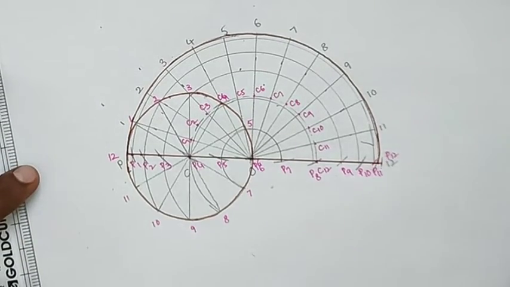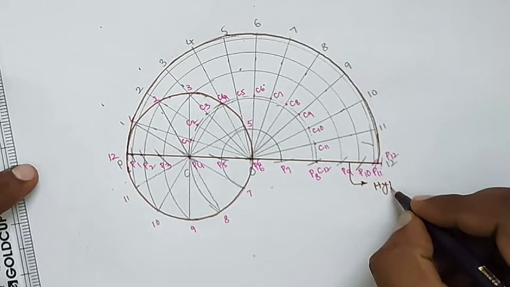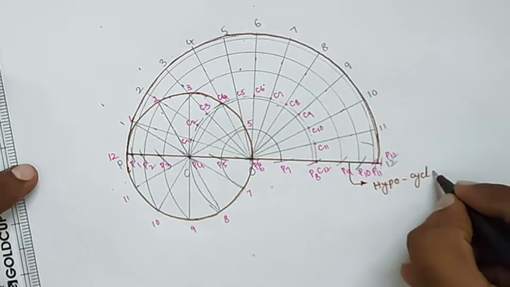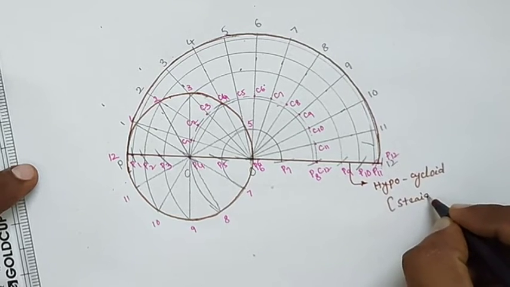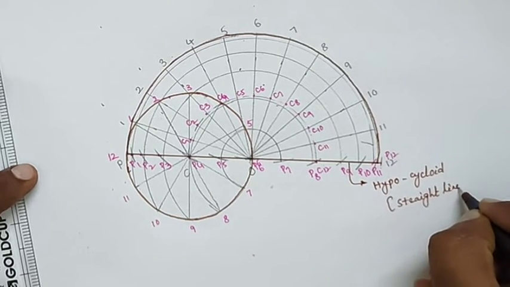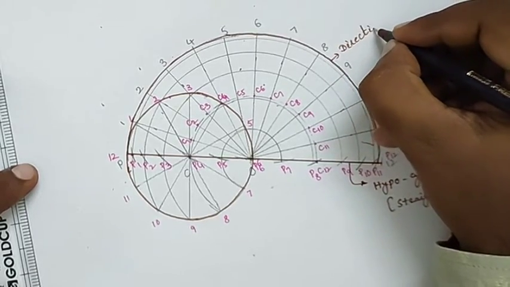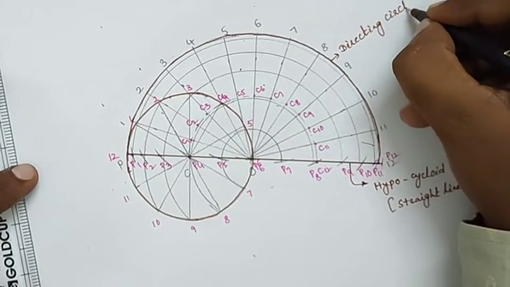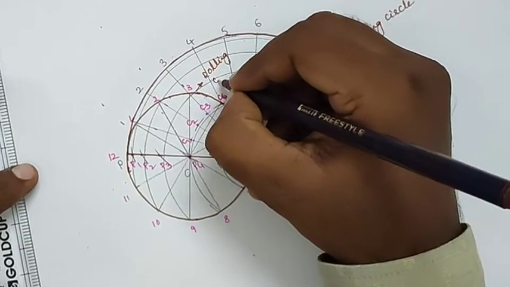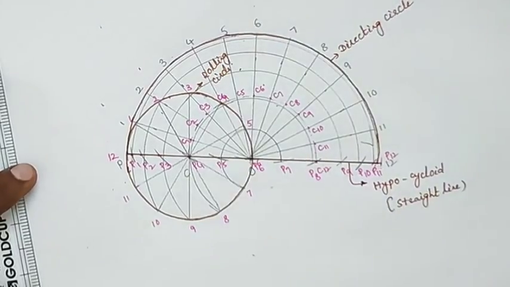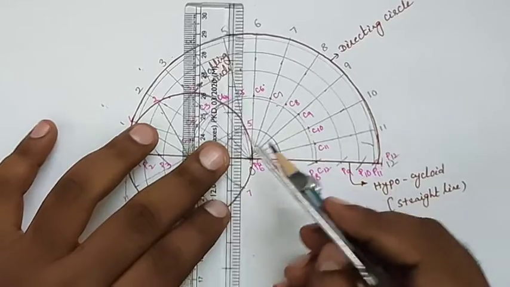Whenever theta is equal to 180, we can call it a hypocycloid, a straight line. This is the directing circle, and this is the rolling circle. And after drawing the problem, we'll give the dimensioning.